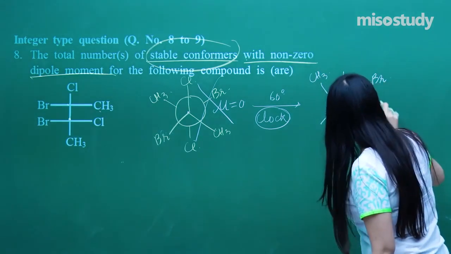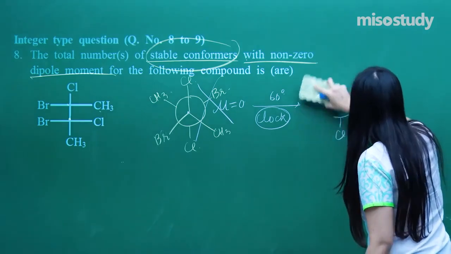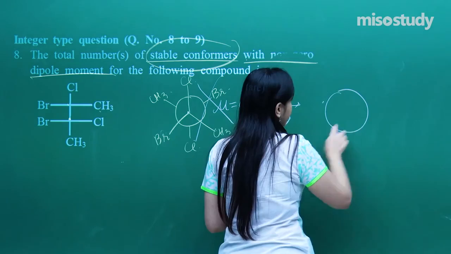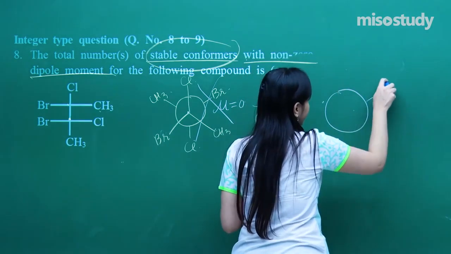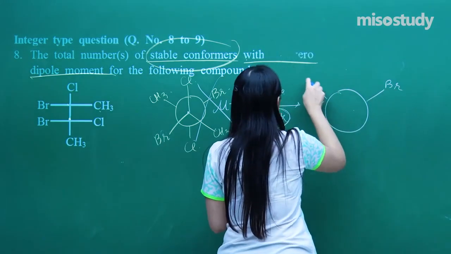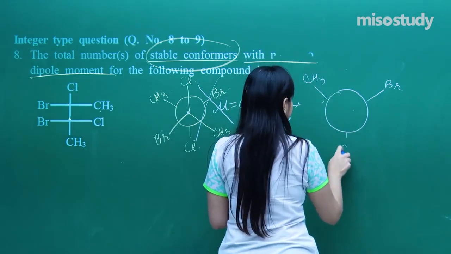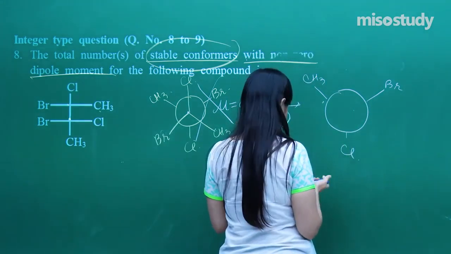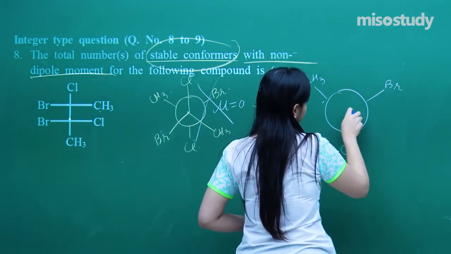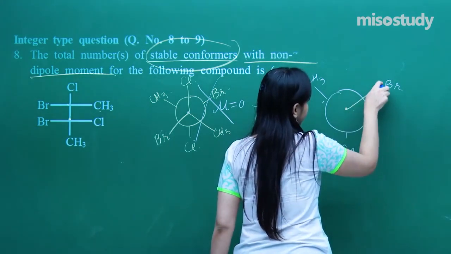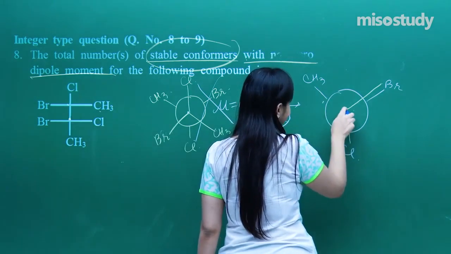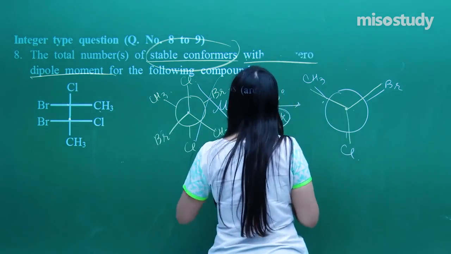Let me make that again. Br, these groups remain as they are, chlorine, and I need to rotate it. That means I have rotated it 60 degrees. I get something like this.